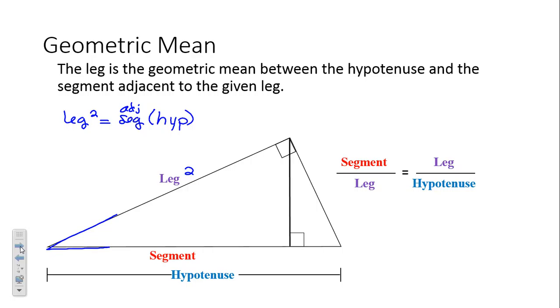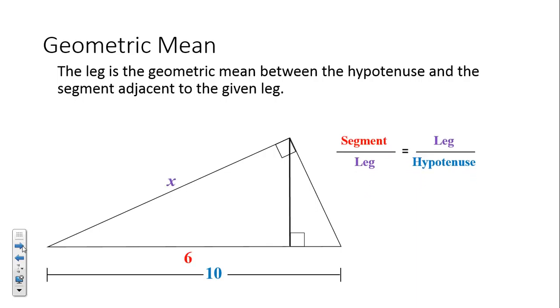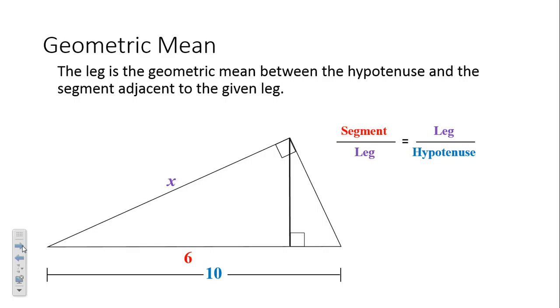So let's see this at work with numbers. And remember, if they move the leg, then you have to talk about the segment that is next to it, the adjacent segment. Okay? So here are some numbers to work with. So this time x is the leg, right?